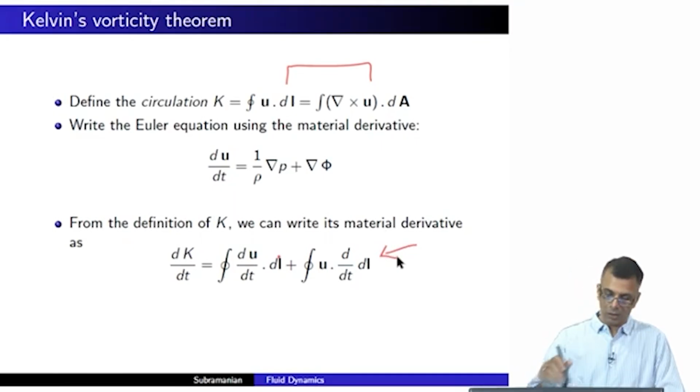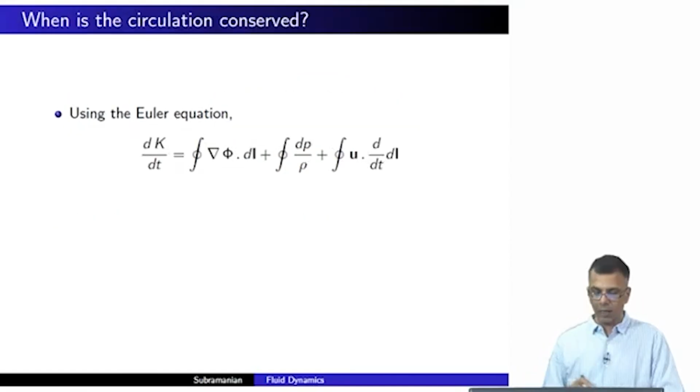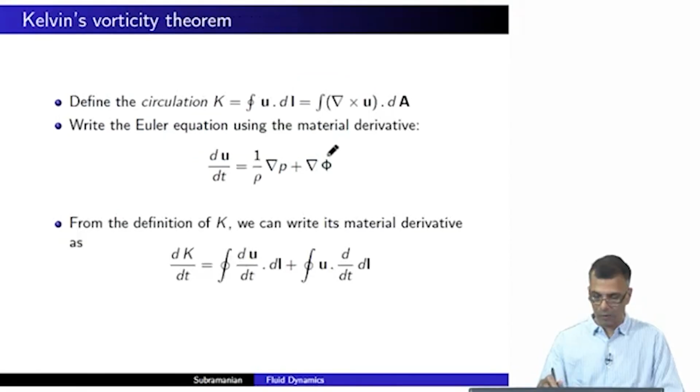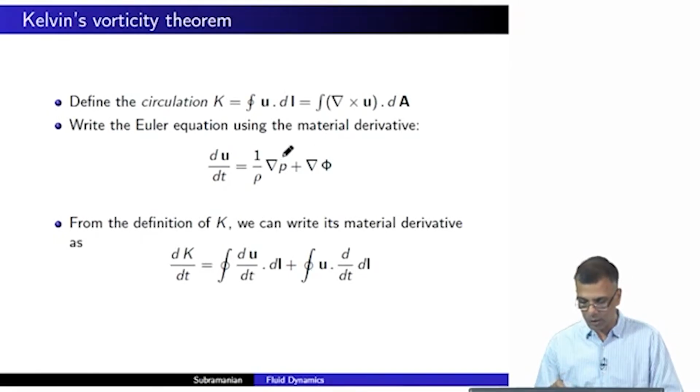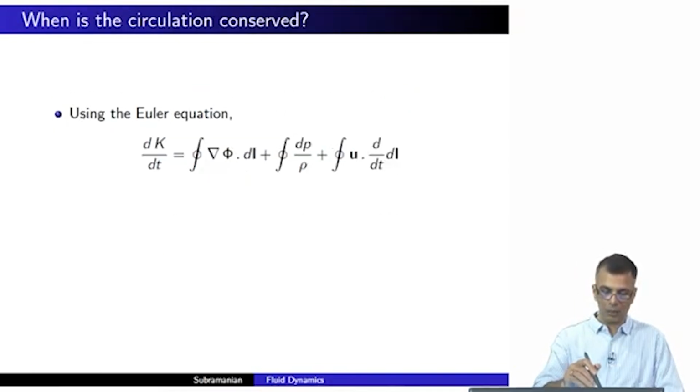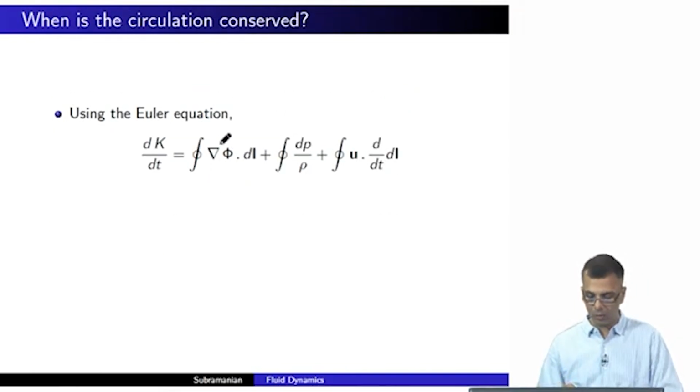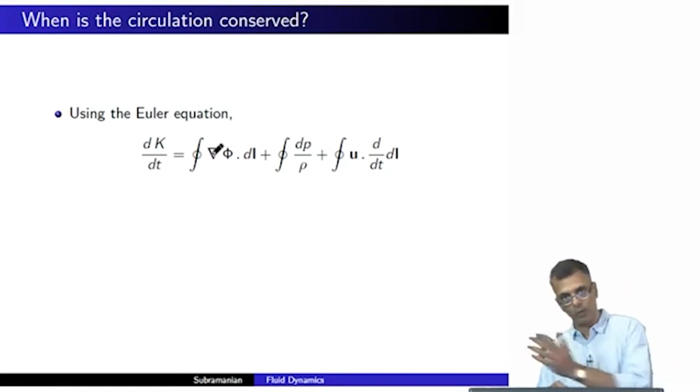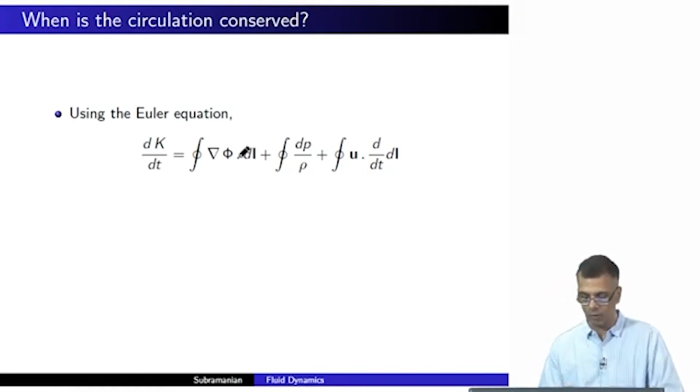Okay, so that is dk/dt on the left hand side, and on the right hand side you have, remember, the gravitational potential and the gradient of p. So you do the line integral again, because that's what we were doing to all the terms of the equation, and you have d phi, gradient of phi dot dl.